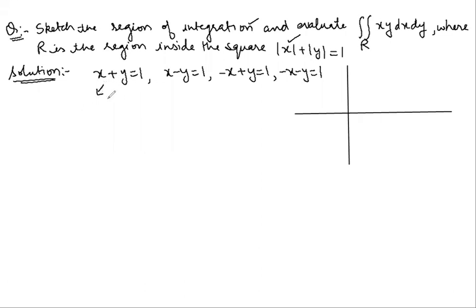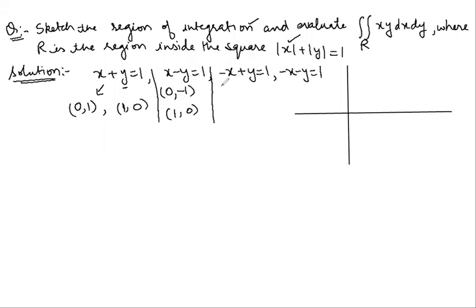So I will now write the points. When x is 0, y will be 1. When y is 0, then x will be 1. So it is the point here. Now see here, when x is 0, the value of y will be minus 1, and when y is 0, the value of x is 1. Okay, these are the 2 points on the second line.